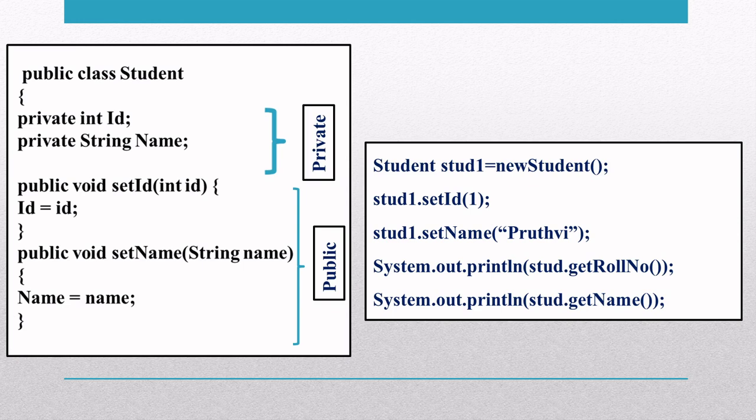Encapsulation is achieved by making data members private, and for access to these data members, we make member functions public. Encapsulation restricts direct access to data members. For accessing the data members, we use methods, so for this reason these methods are made public.